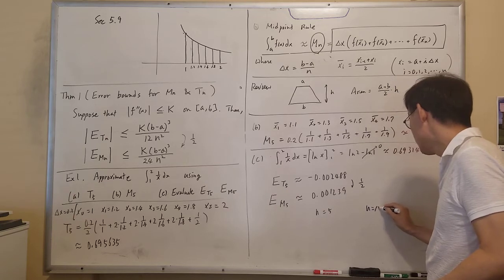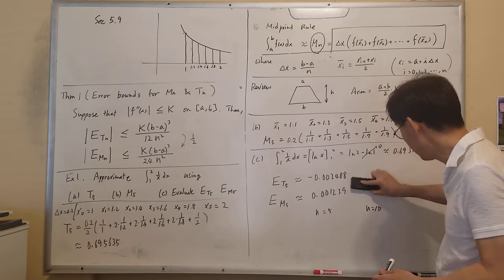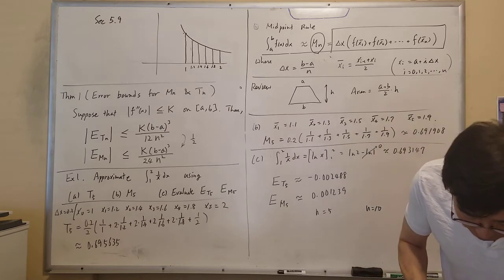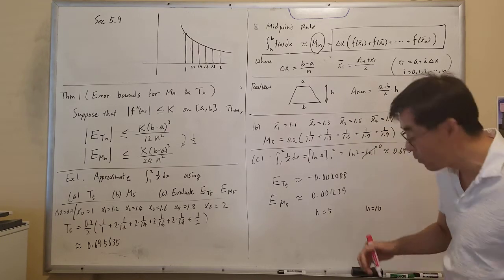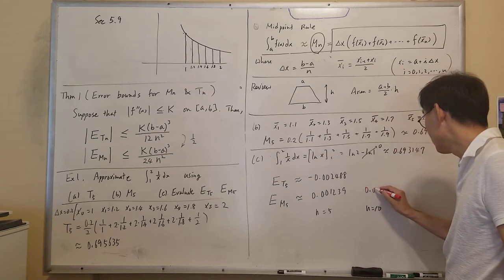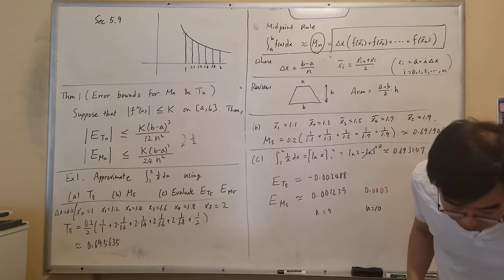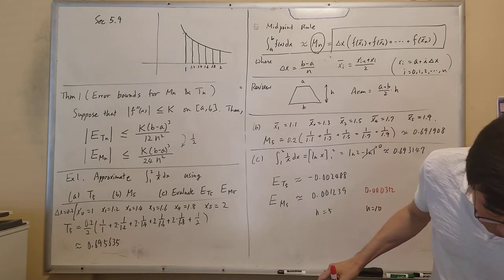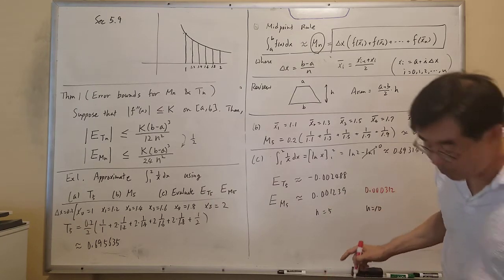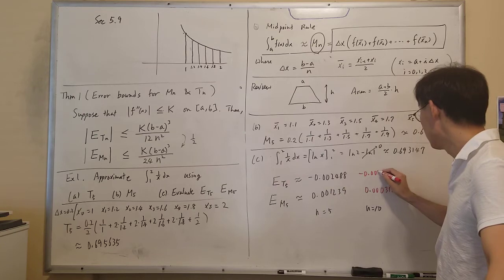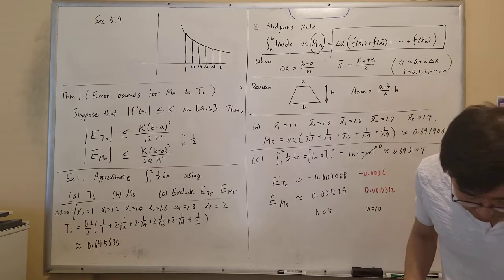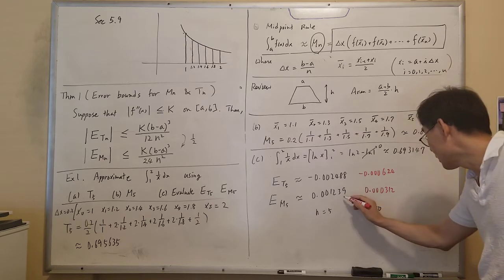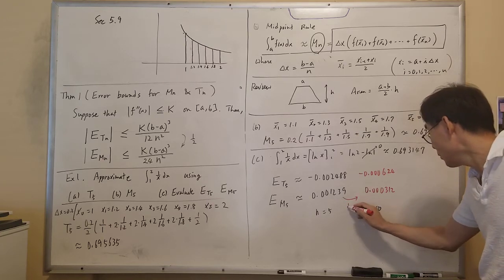When n equals 10, you actually find that the value will be 0.000312. Yeah, 312. And this one will be minus 0.000624. Again, this is 1/2. But more important thing is that this is about 1/4.